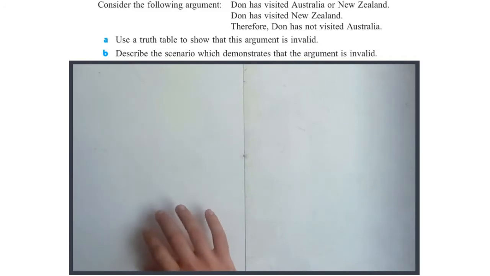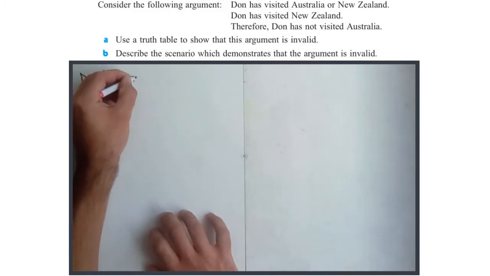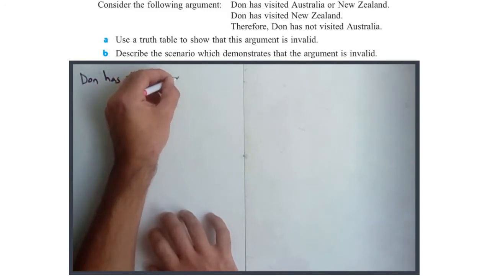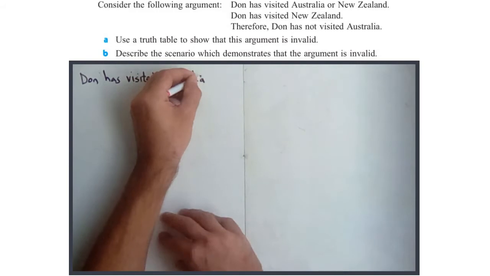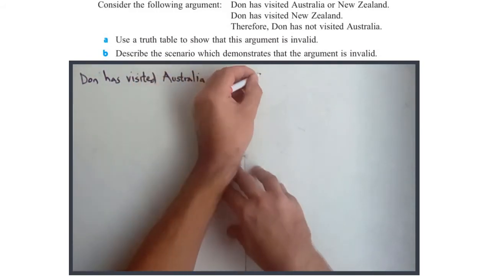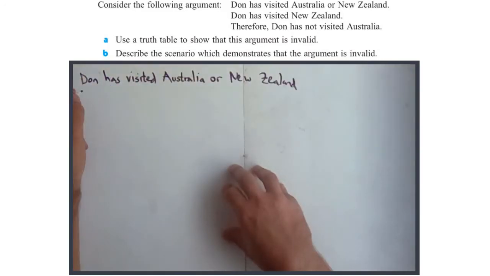Right, so before we set this up logically, let's first put it in words. We have the premise: Don has visited Australia or New Zealand. Then Don has visited New Zealand, which is the given piece of information.